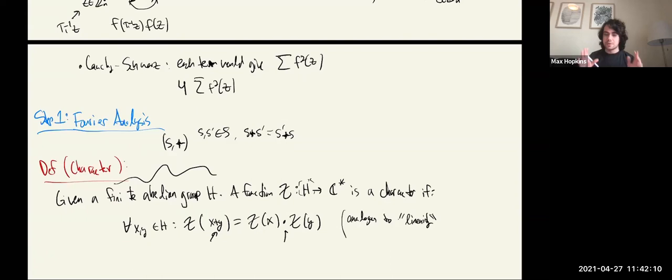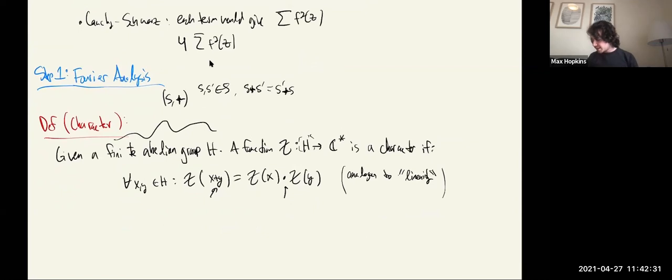Because we're not over vector spaces, linearity isn't the right thing to talk about, but it's the same type of property. Generally this is called a group homomorphism. But just think about it as some kind of linearity or niceness condition on the function.